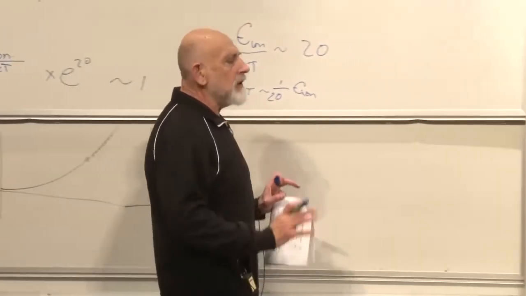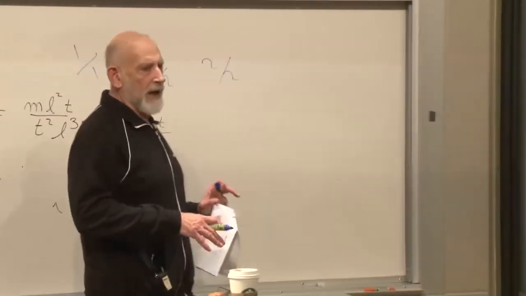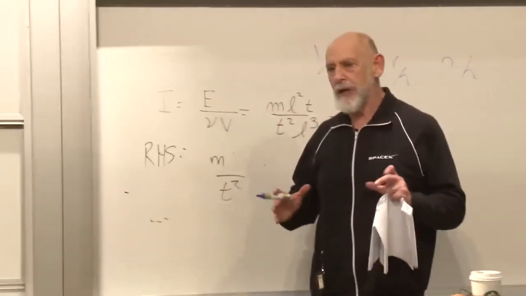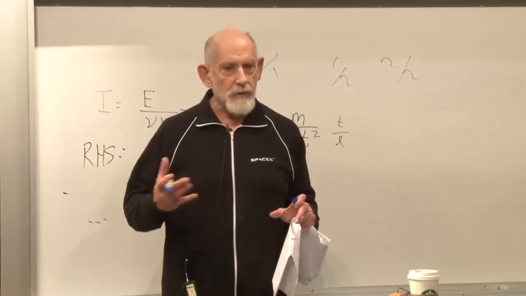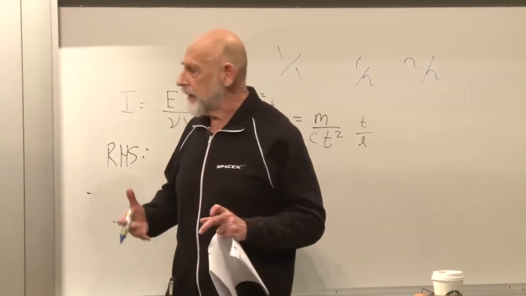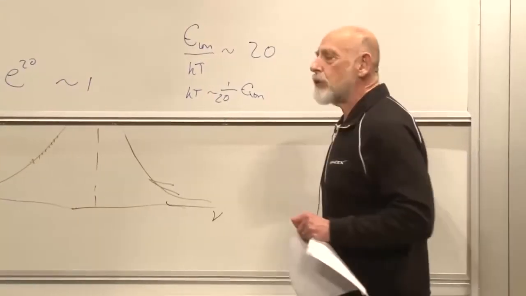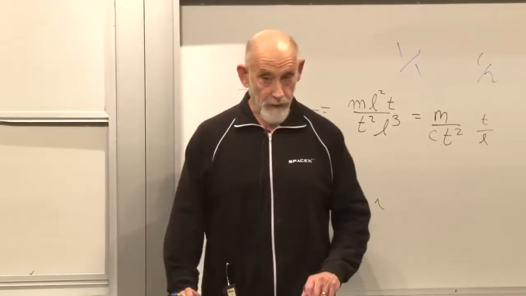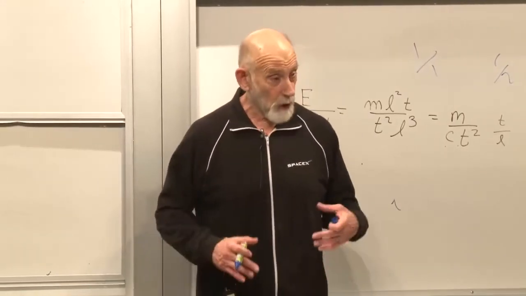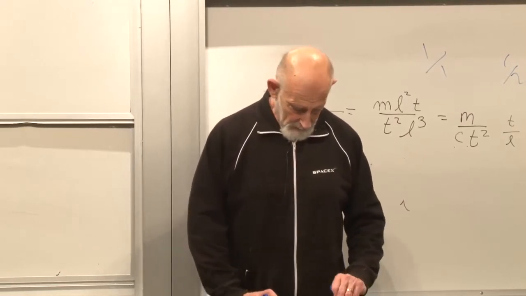In other words, let me just spell out what this means. It means there are so many photons around that you don't actually have to heat the system up to the ionization temperature before there's a significant population of photons that can ionize the atoms. At a temperature 1/20th of the ionization temperature, there are enough photons around because of the large population of photons, this 10 to the 8th.